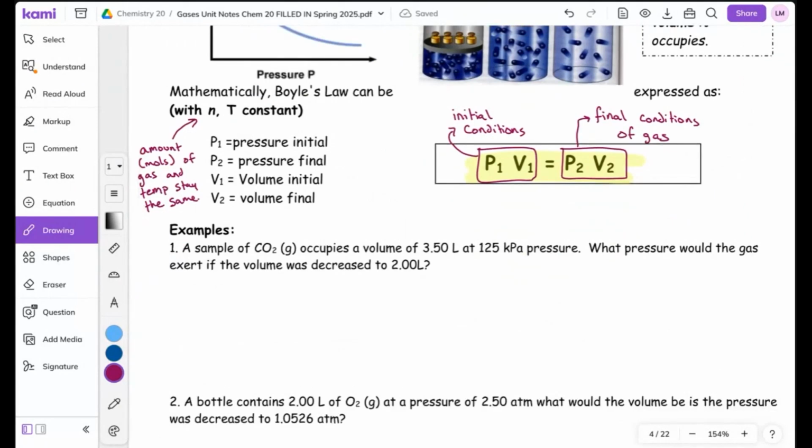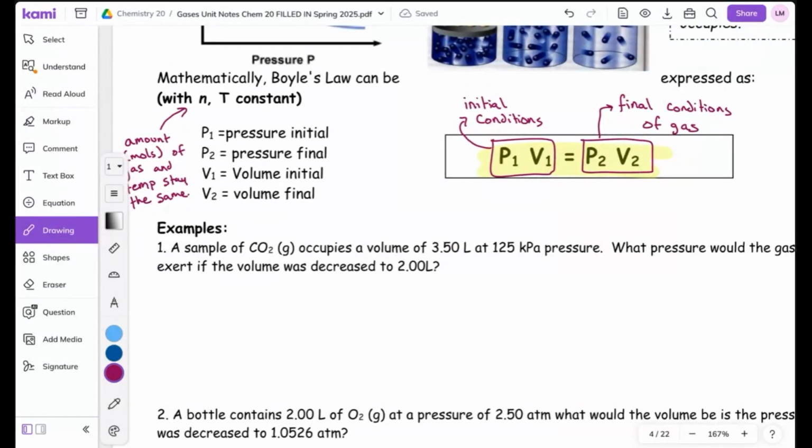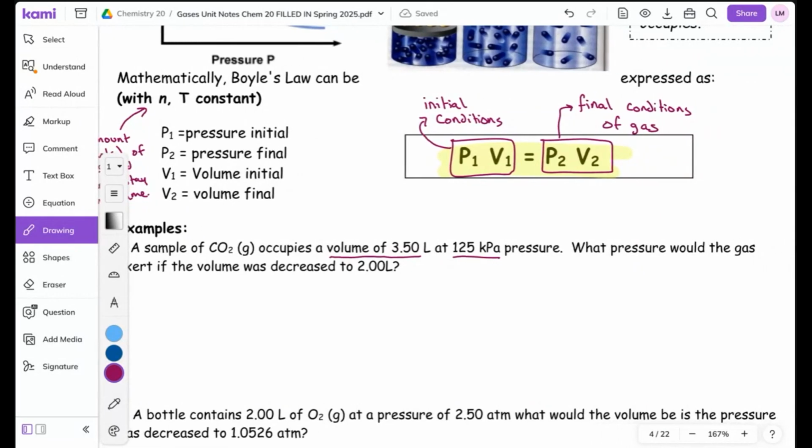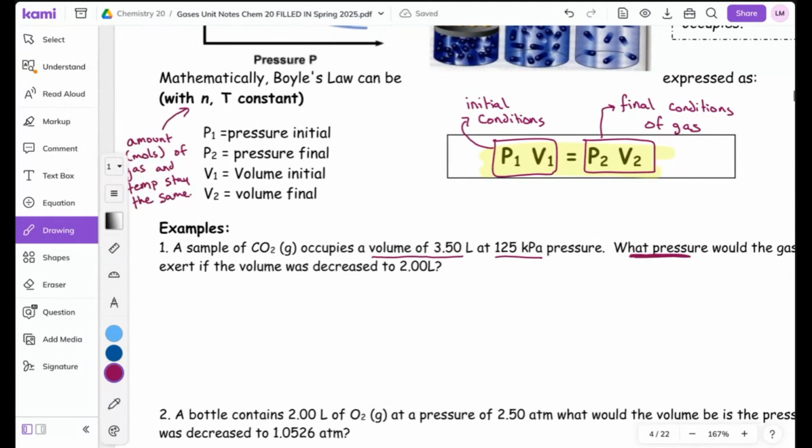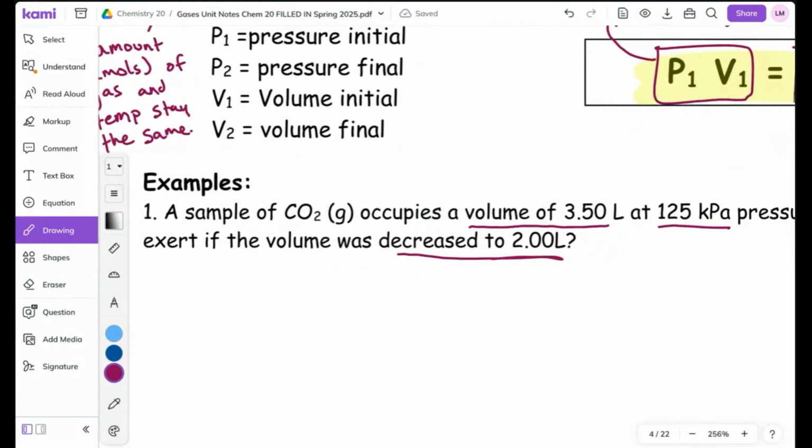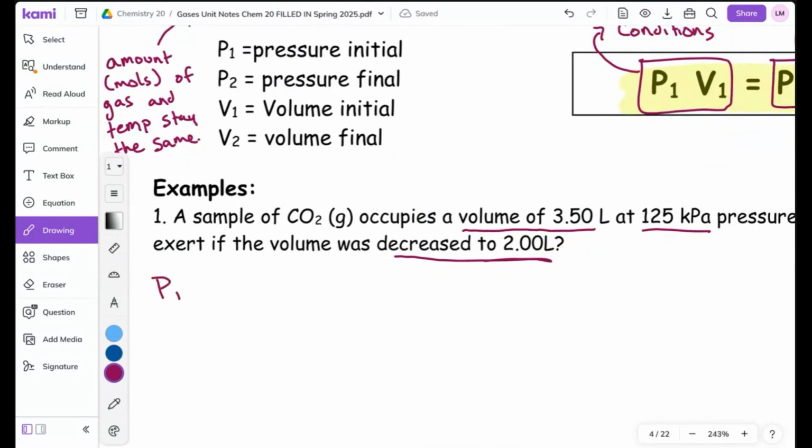So for some examples of calculations using Boyle's law, for the first one here, we have a sample of carbon dioxide gas that occupies a volume of 3.50 liters at 125 kilopascals of pressure. What pressure, and that's important, that's what we're looking for, would the gas exert if the volume was decreased to 2 liters? Okay, so let's write out our list of givens here: P1, V1, P2, V2.